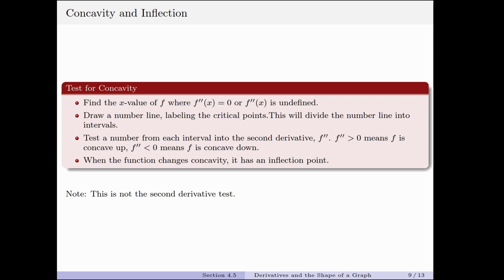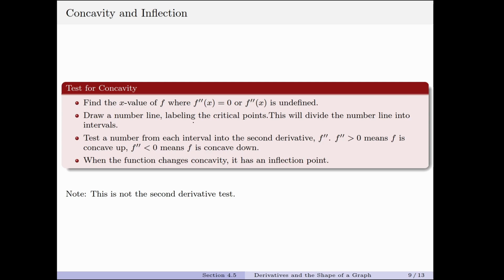And for no good reason that I'm aware of, there isn't a name for the corresponding numbers in the second derivative. We don't have a way to refer to the critical numbers for the second derivative. We just say this is where the second derivative is 0 or undefined. It's very cumbersome, but that's what we're stuck with. So what we're going to do is find those 0 and undefined values for the second derivative.